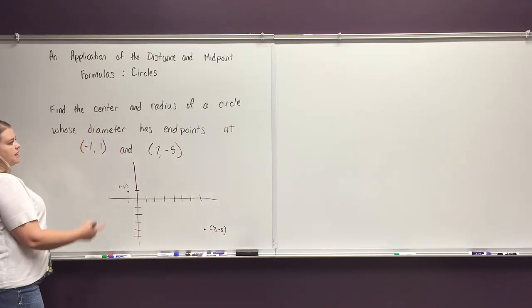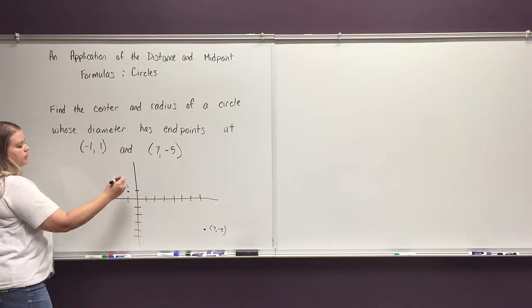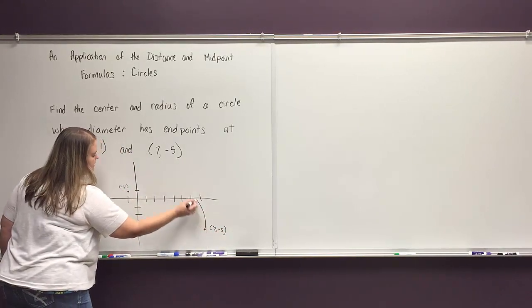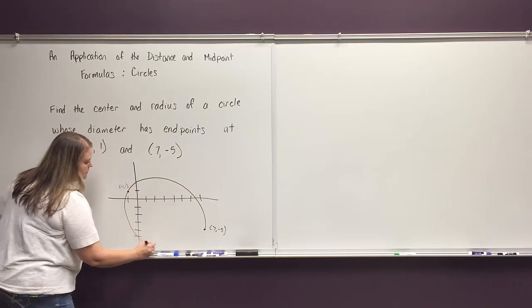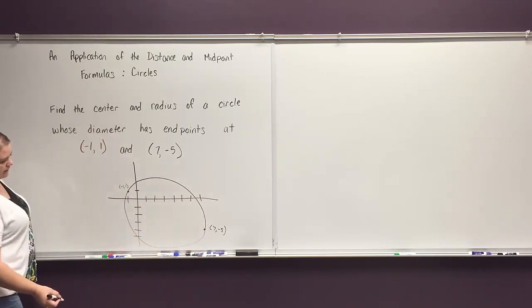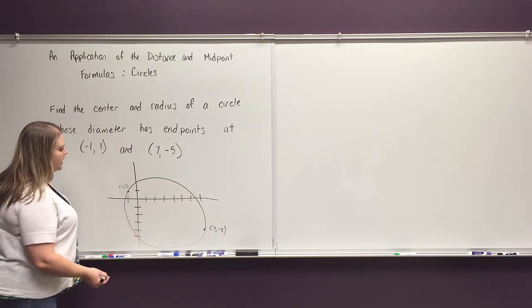And so this tells us that we should have a circle going through these 2 points. Something like that. Let's pretend it's nice and pretty.